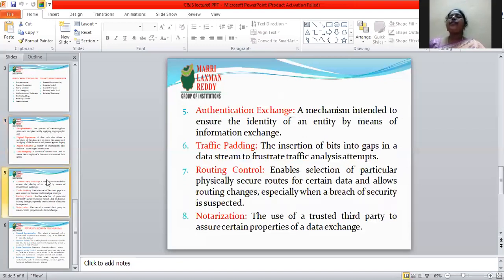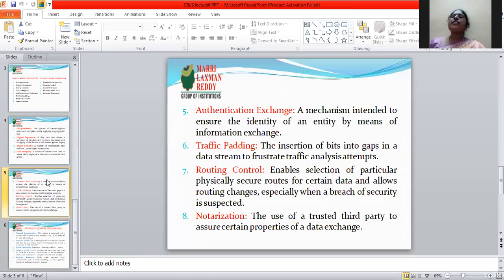And next, fifth one, authentication exchange. Authentication is verification. It is a mechanism intended to ensure the identity of an entity by means of information exchange.